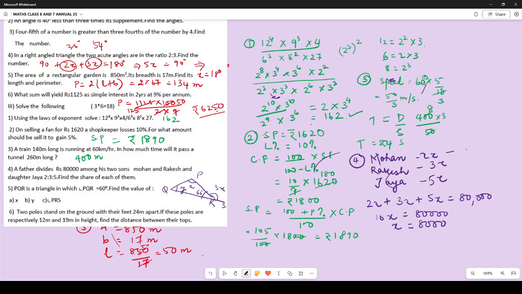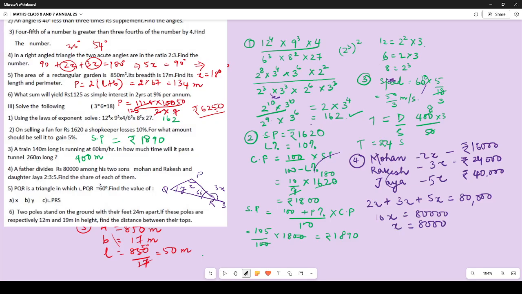So this becomes rupees 16,000, this becomes rupees 24,000, and this becomes rupees 40,000. Wait a minute. Undo. So this becomes 40,000. So this will be their shares.